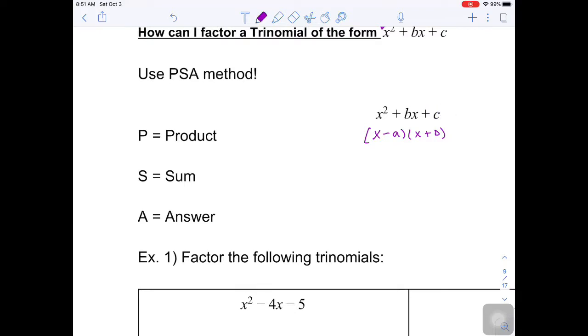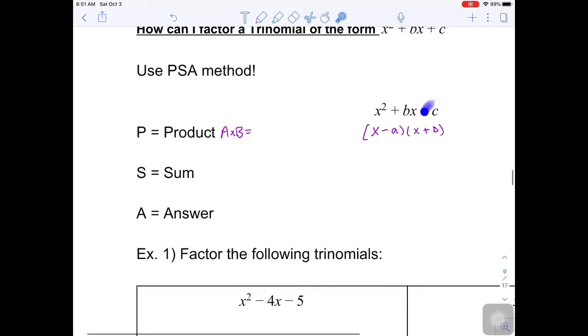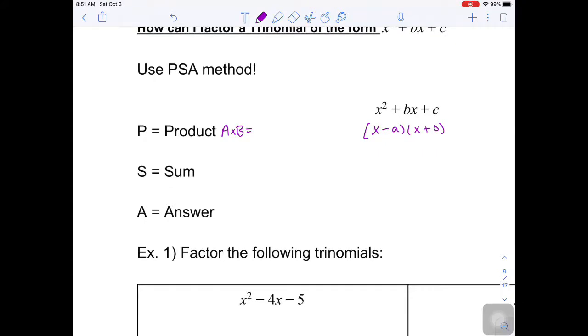So what two numbers, a times b, equal your last number c, your constant? Then your sum: which numbers add to b?